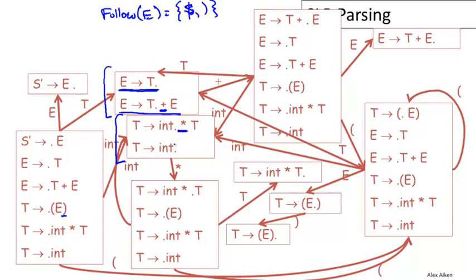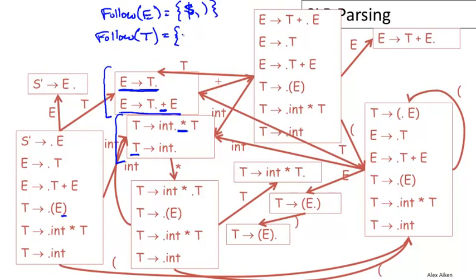Here we're going to shift if there's a times in the input, and we're going to reduce if the input is in the follow of T. And what is the follow of T? Recall we computed this a long time ago, and I just happen to know what it is.